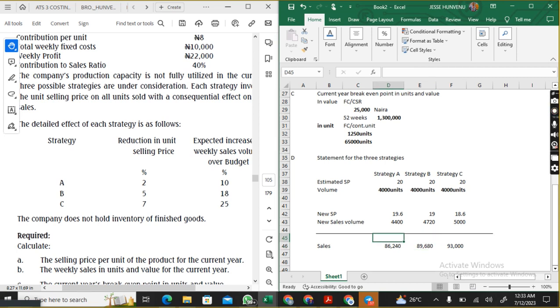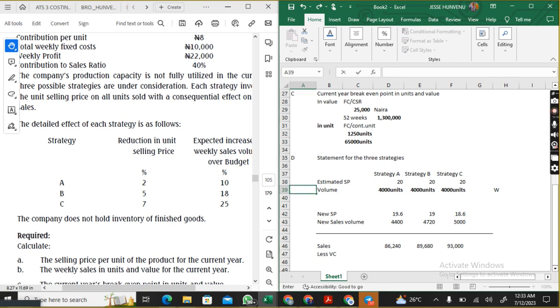Now the next thing is our variable cost, less variable cost. But in the question, are we given the variable cost? No. So how do we get that? We need to calculate it in our workings.